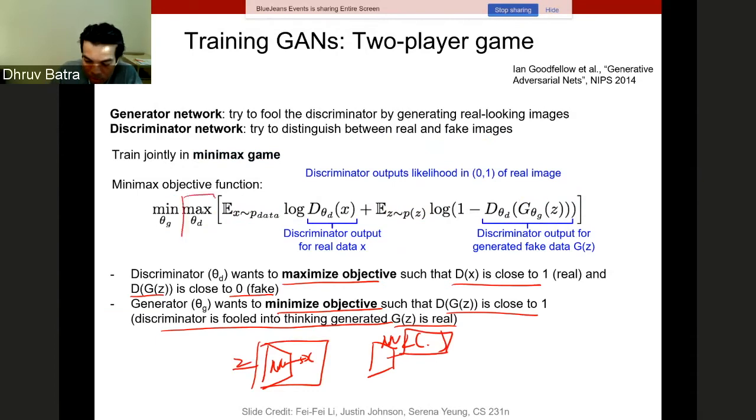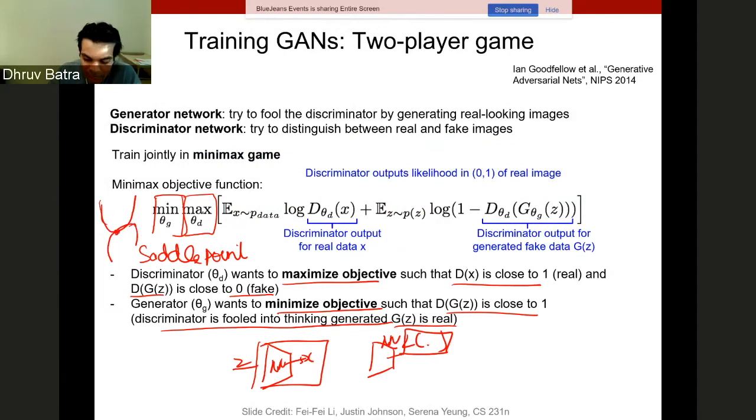These types of problems that contain a min-max are fairly difficult objective functions to optimize because these are called saddle point problems. They're called saddle point because in high dimensional spaces you have one set of dimensions where you may be at a local minimum and another set of dimensions where you're at a local maximum.